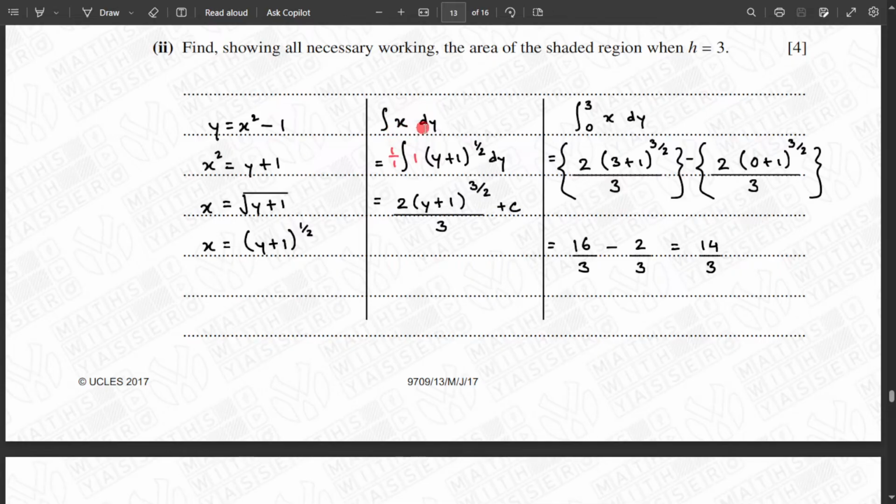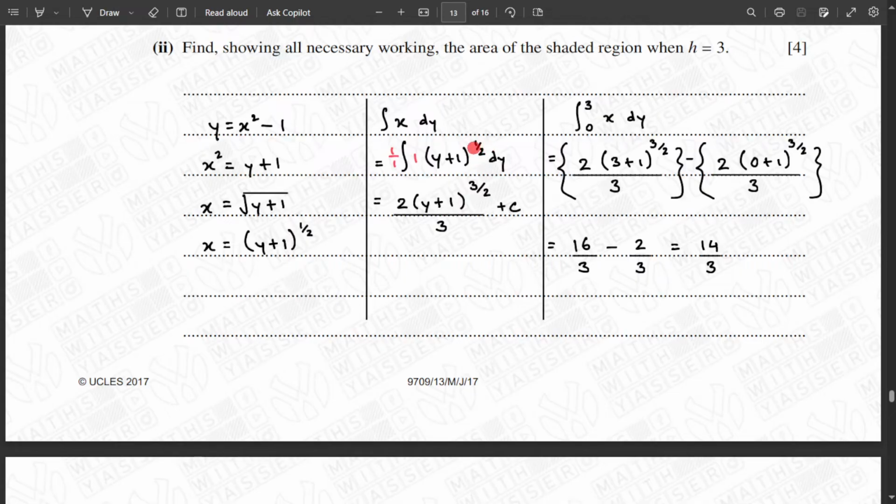We integrate x with respect to y, because we need to find the area of the shaded region. Now we have a power with a bracket, so we need to differentiate the elements within the brackets. That will give us 1. So what we can do then is integrate the power.